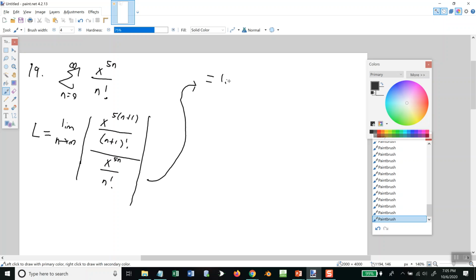So that's equal to the limit as n goes to infinity. Up on top, that would be x to the 5n plus 5, distributive property, and then n plus 1 factorial times n factorial over x to the 5n.